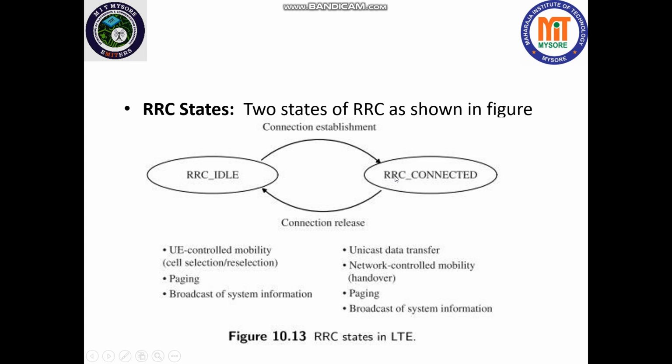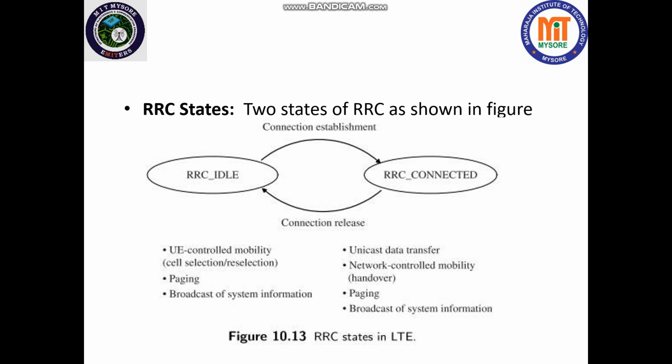When it comes to RRC connected, there is a connection establishment. It happens when you want to talk to somebody, or you want to message, or you want to use internet applications like WhatsApp or Facebook or any browser you open. Then this RRC is said to be connected.